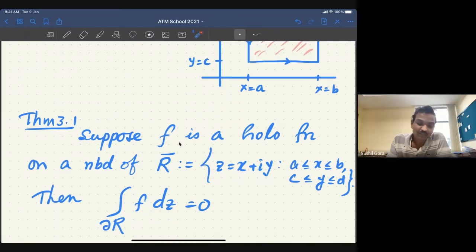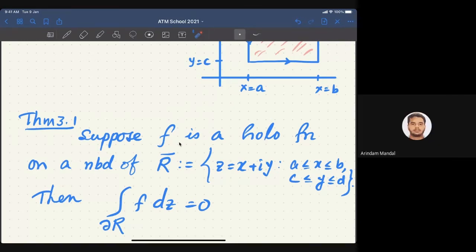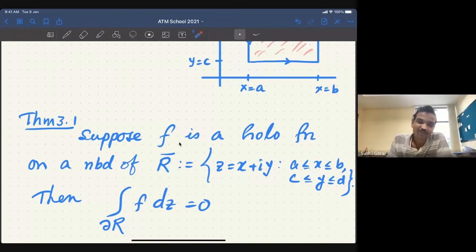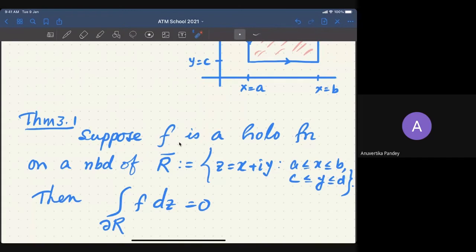Did you assume the derivative is continuous? No. Are you sure you did not assume the continuity of the derivative? No, we did not assume. And still you can do.